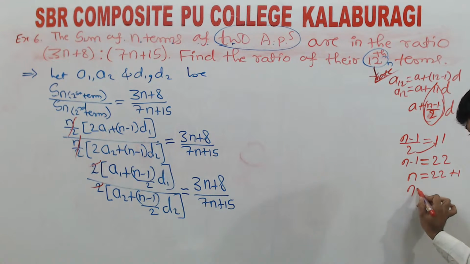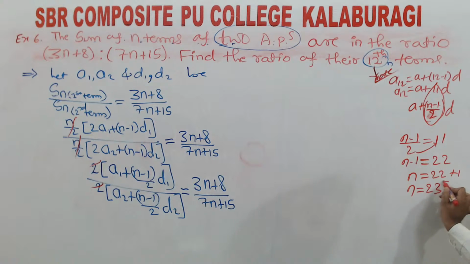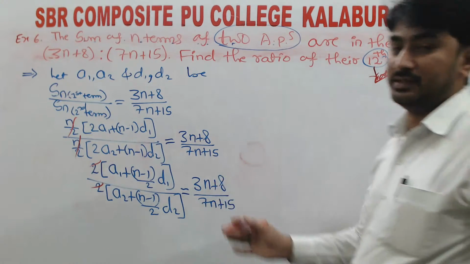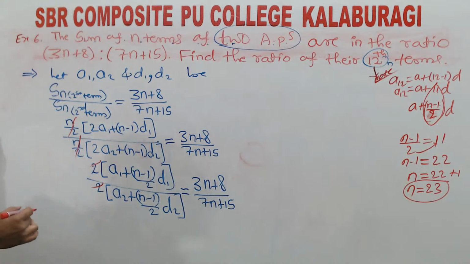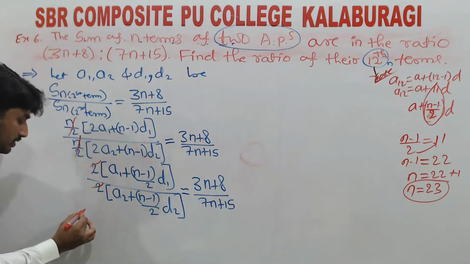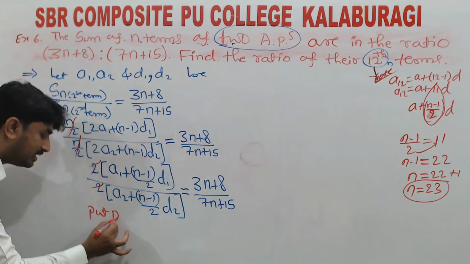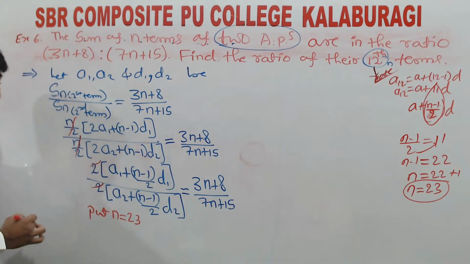Therefore, n is equal to 23. We need to put n equal to 23 here, and you will get the required terms. We get our required result.